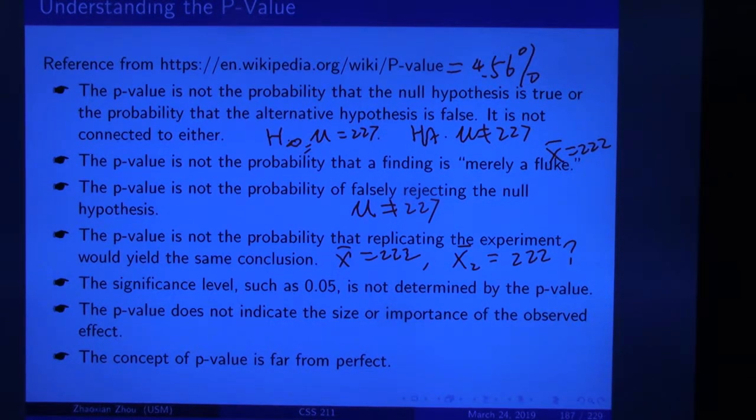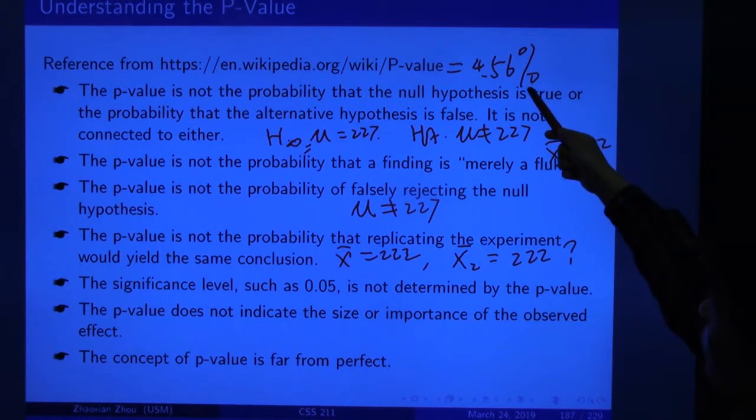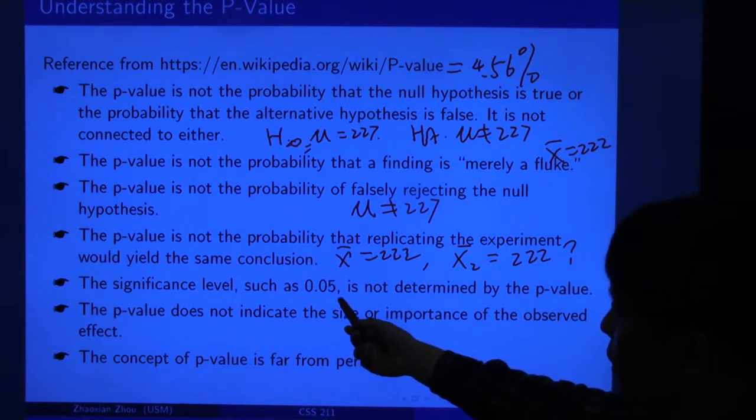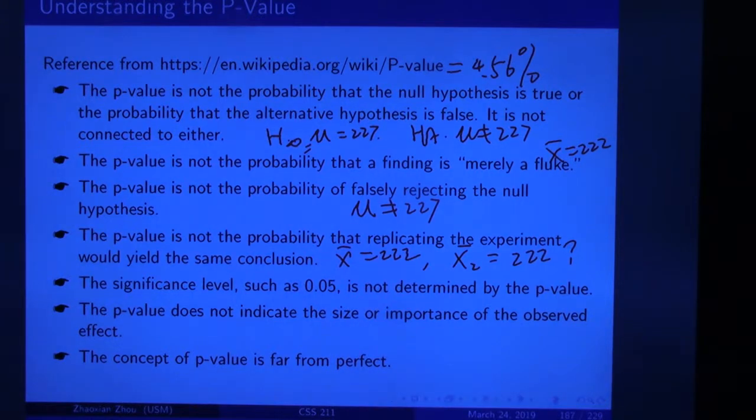Next, the p-value does not indicate the size or importance of the observed effect. What does that mean? In our example, the p-value of 4.5% is less than the significance level of 5%. So our conclusion is we reject the hypothesis H0, which means we need to recalibrate the machine.